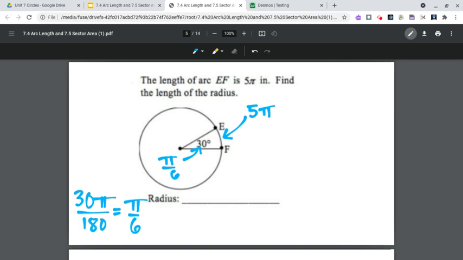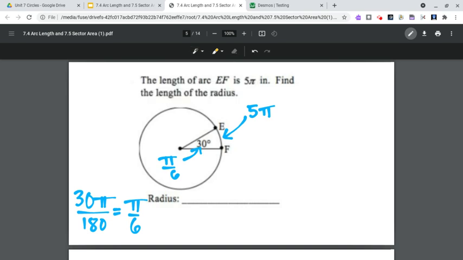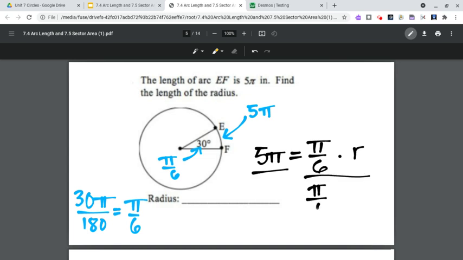Now I'm going to use the arc length formula. Arc length equals theta times radius when theta is given to you in radians. We just converted it. So I'm going to say 5 pi equals pi over 6 times r. I'm looking for the radius. I'm going to get r alone, divide both sides by pi over 6.